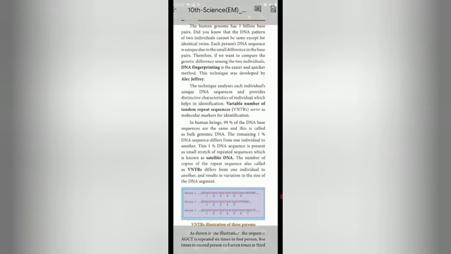That 1% DNA sequence present in the form of small stretches of repeated sequence is called satellite DNA. These repeated sequences occur as a number of copies, identified by the molecular marker called VNTRs, that is variable number of tandem repeat sequences.